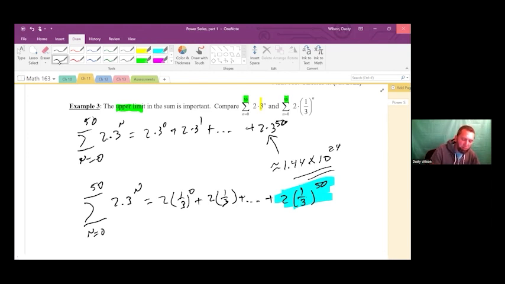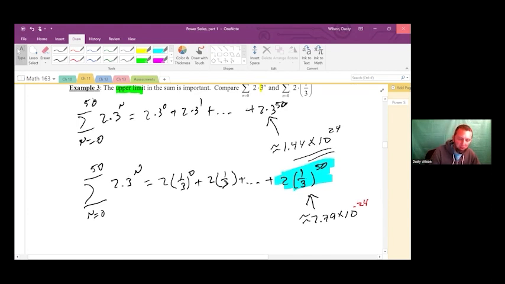That last term is very, very small. 2 times 3 to the negative 50 is about equal to 2.79 times 10 to the negative 24th. When you have negative exponents like that, this number is approximately equal to 0. And so we can add more and more terms, and yes, we are adding to the total sum, but we are adding a very, very, very, very small quantity.